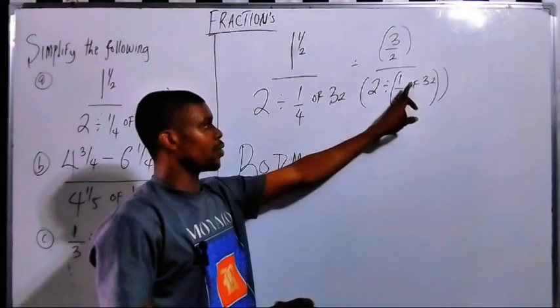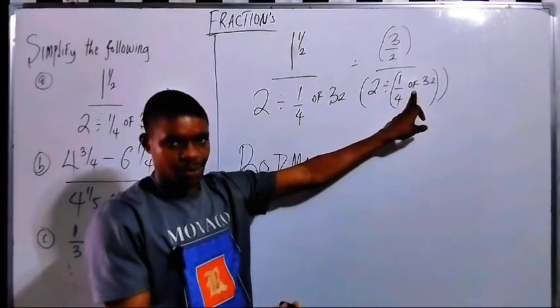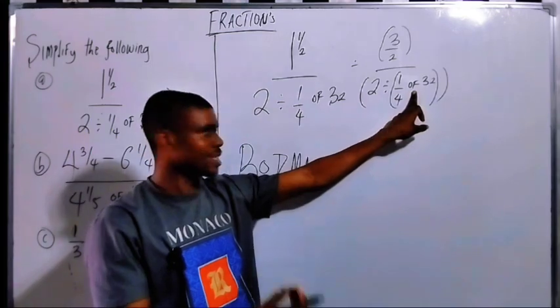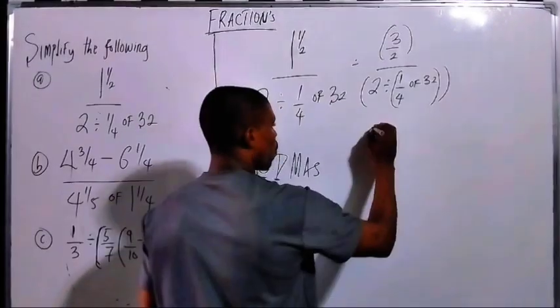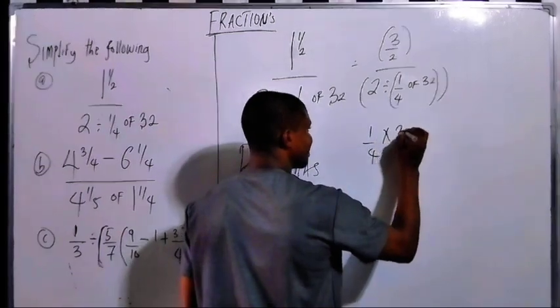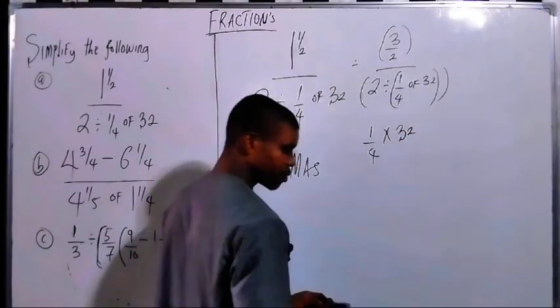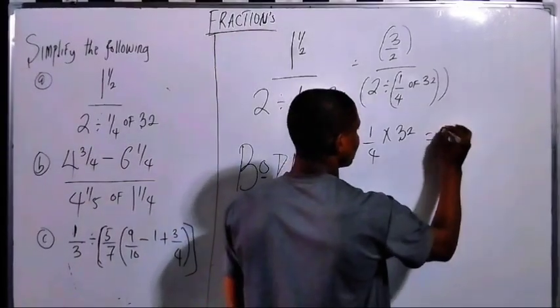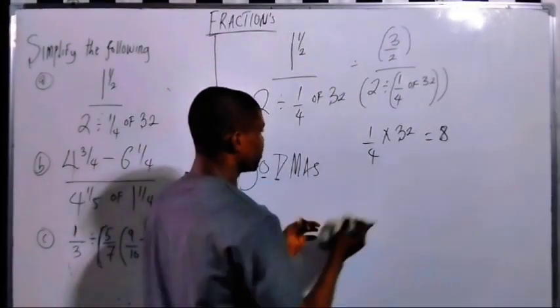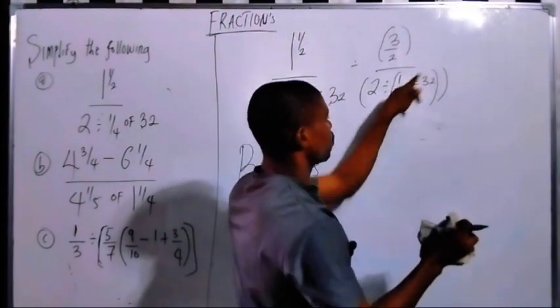This of also means times. Whenever you see of in mathematics, it means times. It means 1 over 4 times 32. 1 over 4 times 32 is going to be 8. So the whole of this denominator is 8.